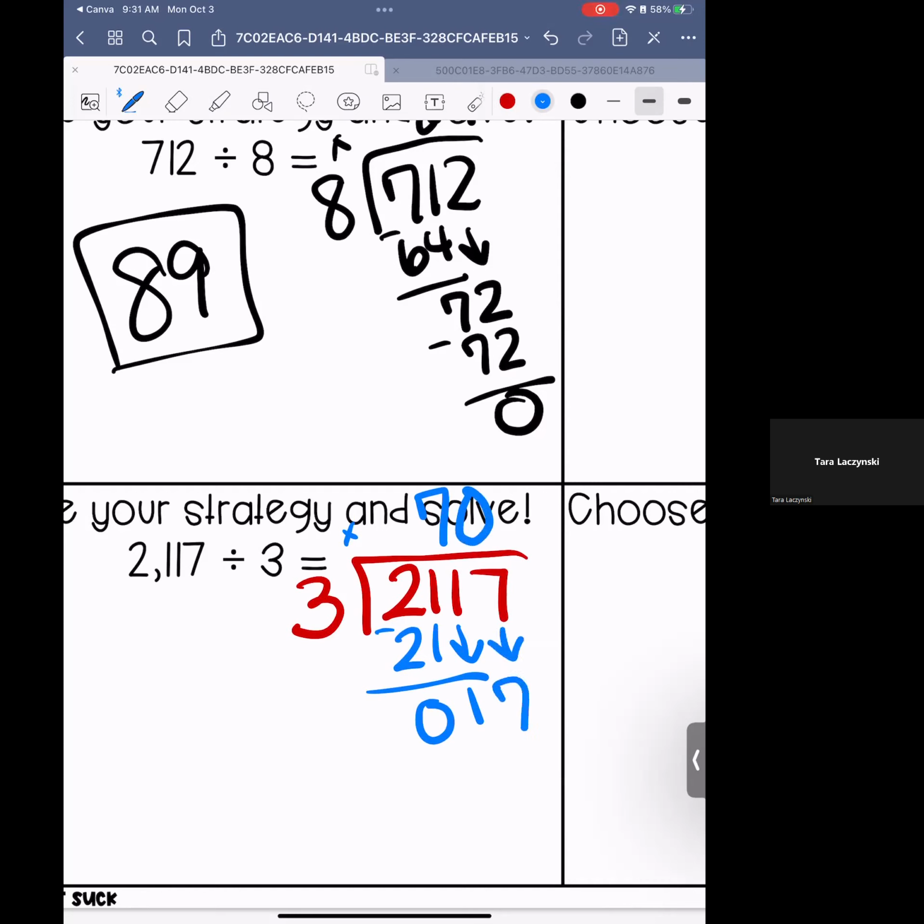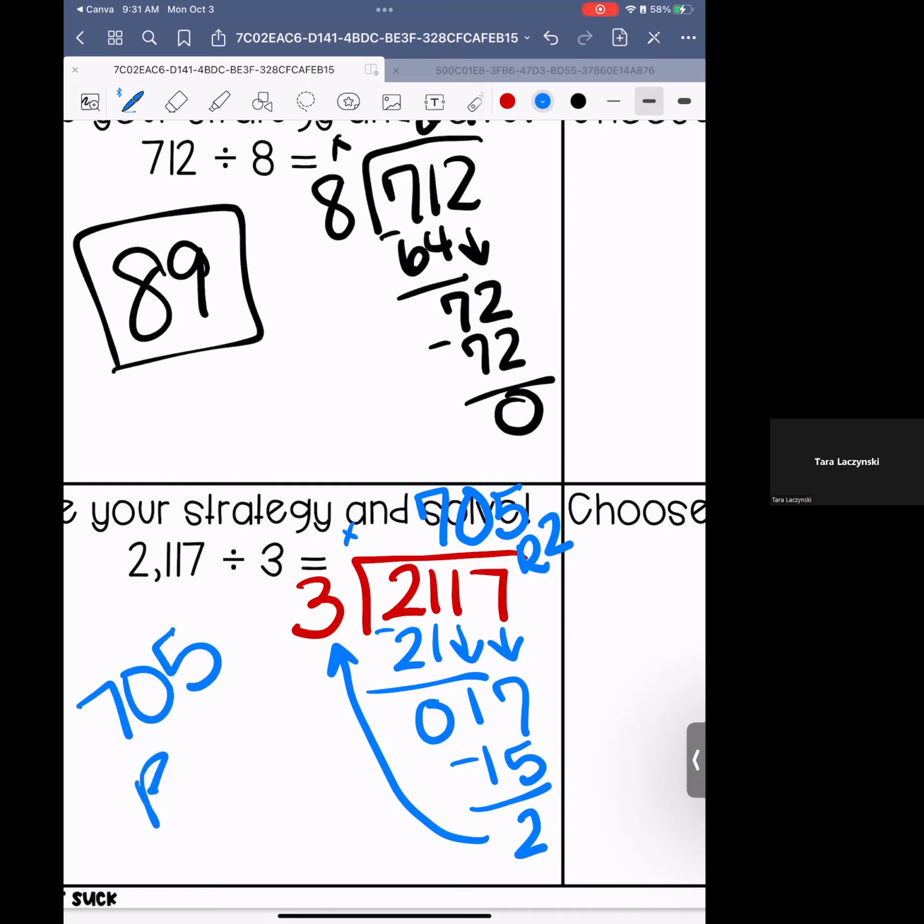I have to bring down my 7, but I do have to put that 0 up top to show that I tried it and it didn't fit. 3 goes into 17 5 times. 5 times 3 is 15. 17 take away 15 is 2. It is smaller than 3, which means it's my remainder. My final answer is 705 with a remainder of 2.